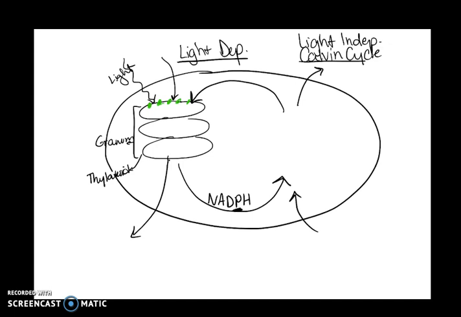So an easy way to remember NADPH is the P there, think photosynthesis or plants. So NADPH is for photosynthesis. We're also making ATP, which means that light has come in and been converted into chemical energy in the NADPH and ATP. Okay?